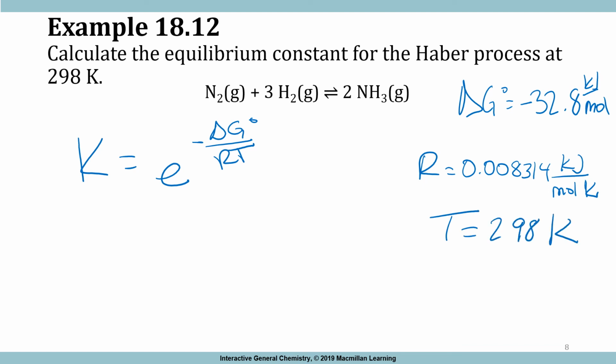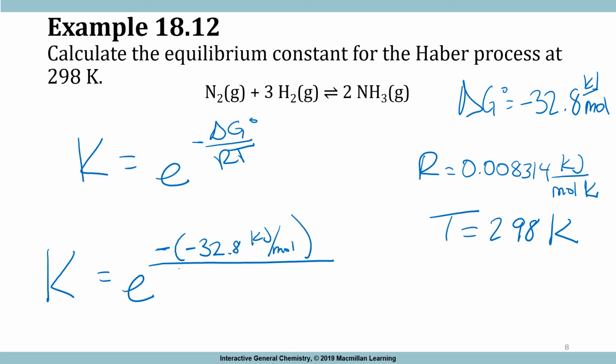So if I want to plug everything in, my equilibrium constant is equal to e to the power of negative. And so your delta G is a negative, so don't forget to put it inside brackets, 32.8, and divide that by 0.008314, which I converted to kilojoules per mole Kelvin, times 298 Kelvin.